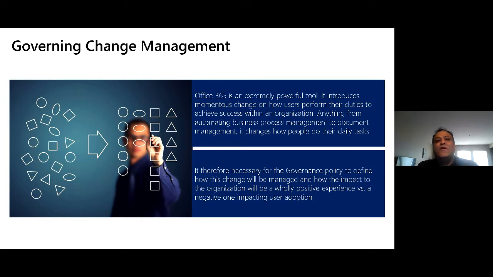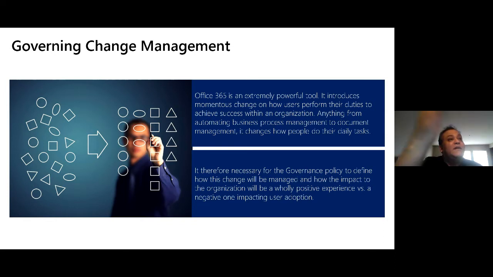The success of Office 365 is its own failure as well. Because people don't spend time configuring the tool or securing the tools that are available as part of the suite, the end result is a negative impact on user adoption.